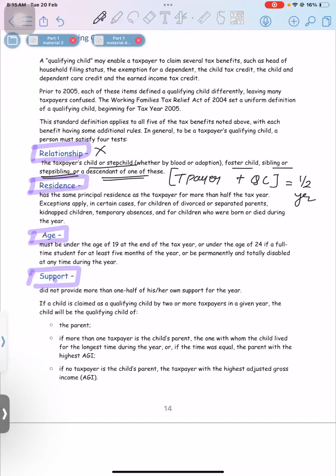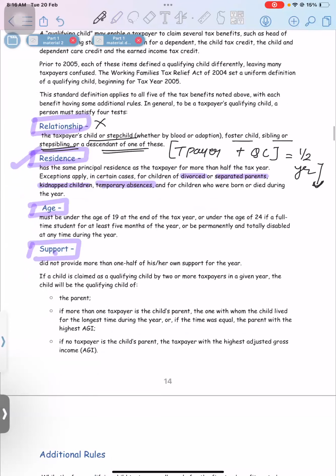For this, the exception will apply if the child is a child of divorced or separated parents, or the child is kidnapped or temporarily absent due to medical or education reasons, or if a child is born and died in the same year. For them the residence test is an exception. They will be considered as living with the parent for the whole year. No need to check the residence test for this type of child.